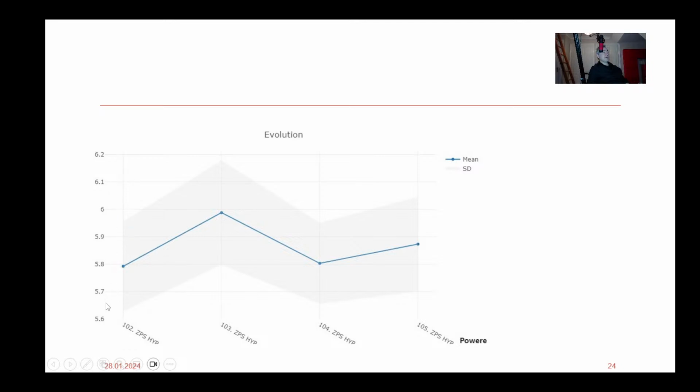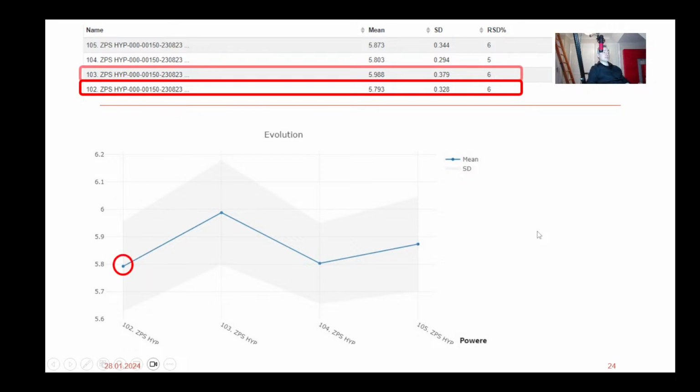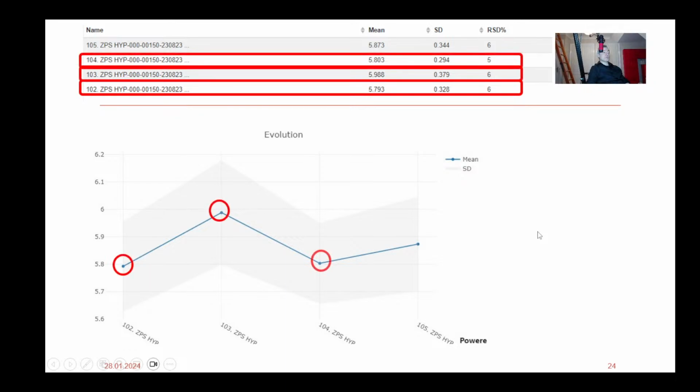This is 5.6 to 6.2. So we're quite zoomed in on the peak height here. And we'll just check the sheets and make sure that we understand what their relative standard deviation is and what their absolute differences are on that data. Because we're doing this much testing for ourselves, what it then means is that when we deliver these screen printed electrodes to you, you have a very reproducible screen printed electrode.